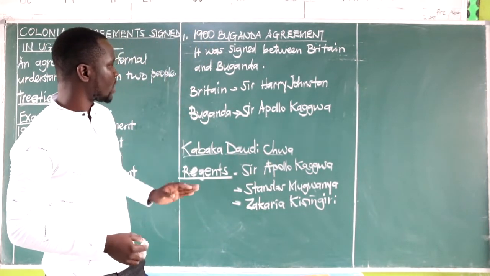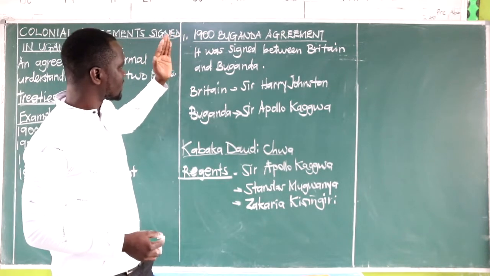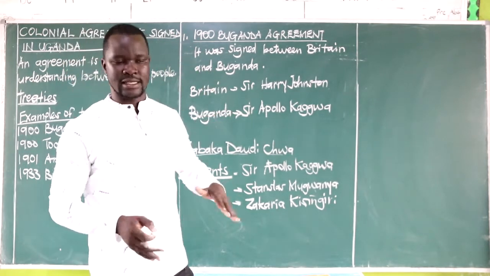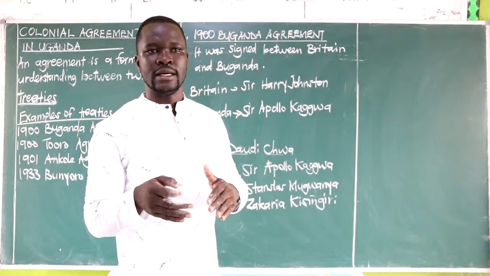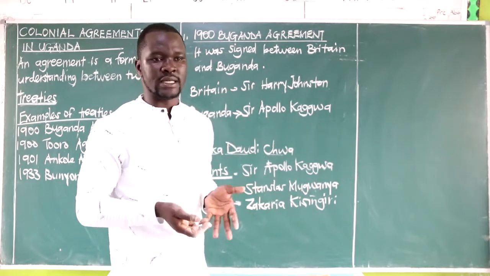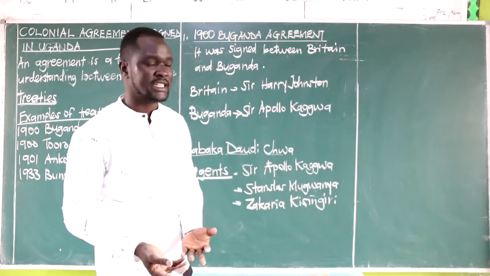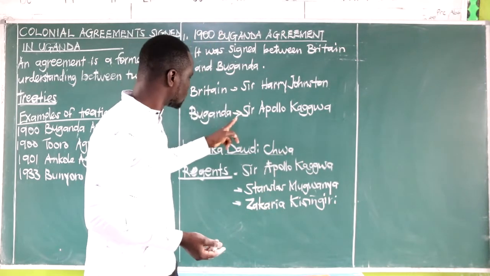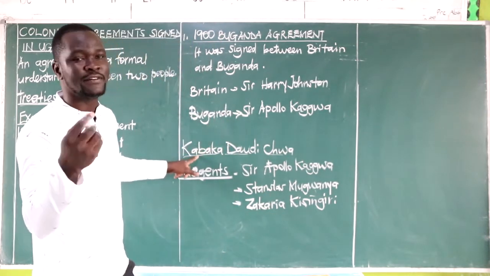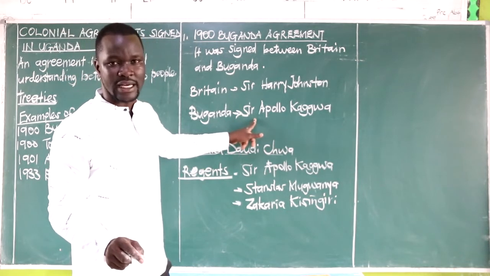Now, coming back to our lesson, the agreement was signed between Britain as a country and Uganda as a society, a community, or a tribe. They had to pick representatives. Uganda was to be represented by the king. Unfortunately, he could not sign, therefore the Katikiro, Sir Apollo Kagwa, had to sign.